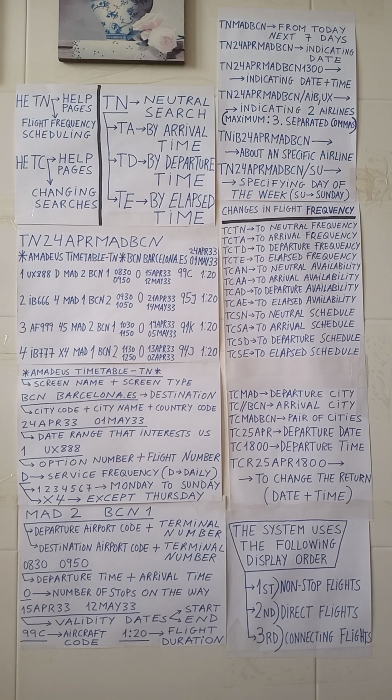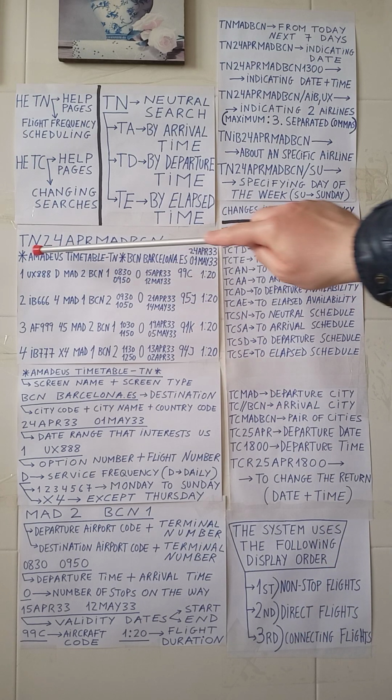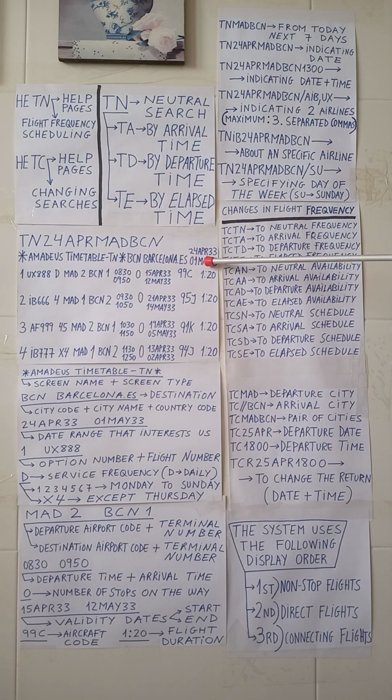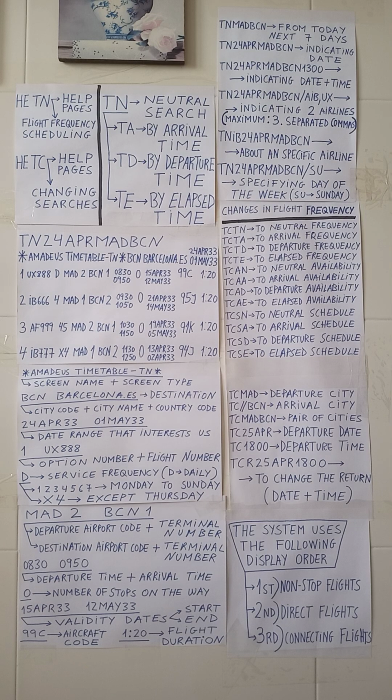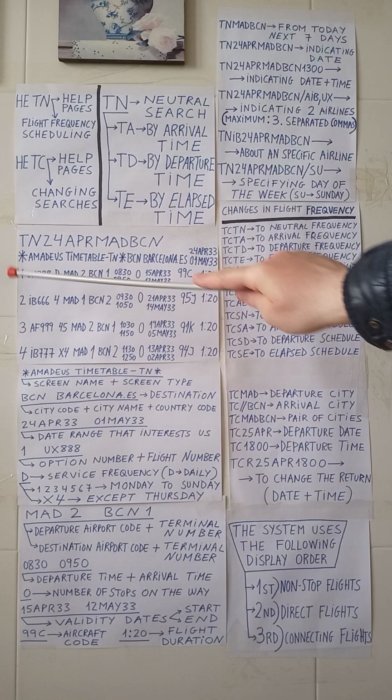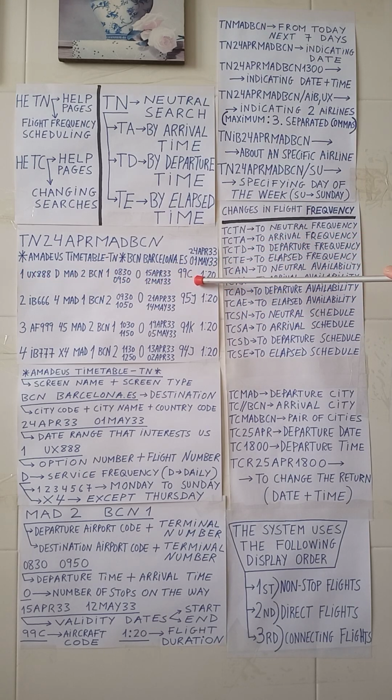I am going to analyze the heading, this part, in its entirety. However, of the 4 options that Amadeus offers us, 1, 2, 3, and 4, I am only going to analyze the first option, this one, in its entirety.